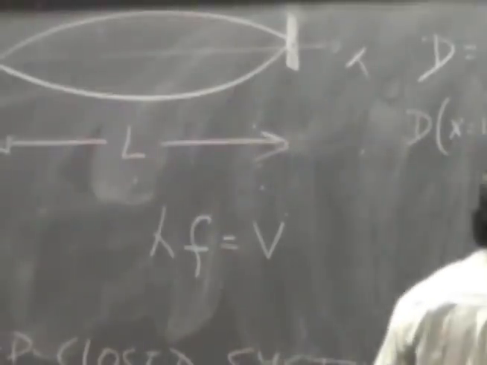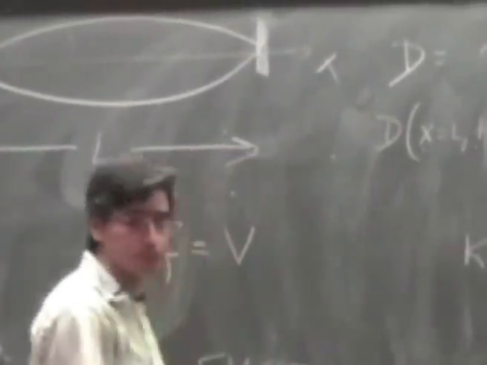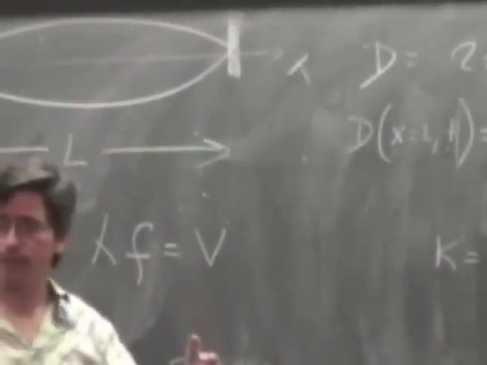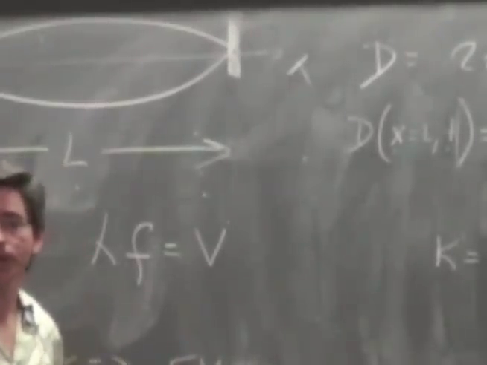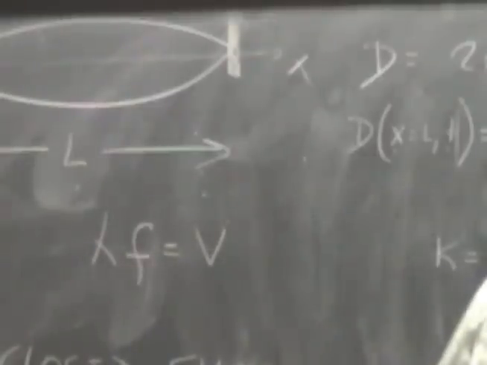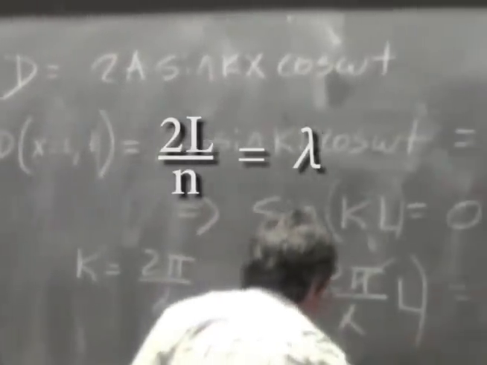So for the wavelength, you can put a little index n here to indicate the different wavelengths of the traveling waves that you can set up in your system that will fit nicely in the length of the system that you have to produce a standing wave pattern. So those wavelengths are going to be equal to this. Cancel the pi. They're going to be 2L over n.